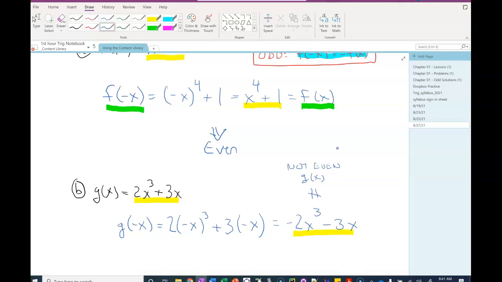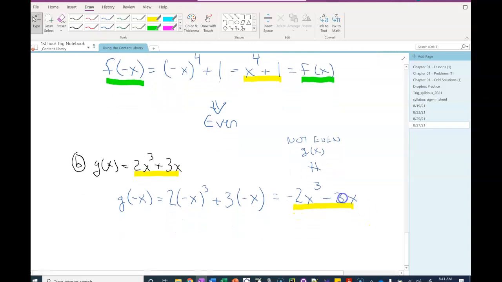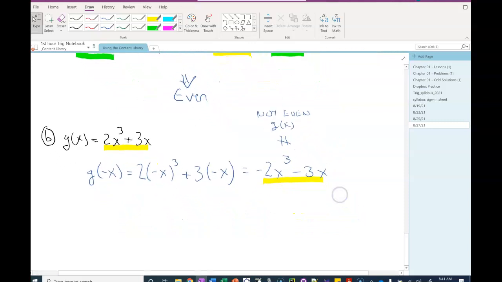The one in blue has negatives, the one in black are positive. So I'm going to go ahead and factor off a negative sign. When I factor that negative sign off, the 2x cubed becomes positive, and the 3x becomes positive.